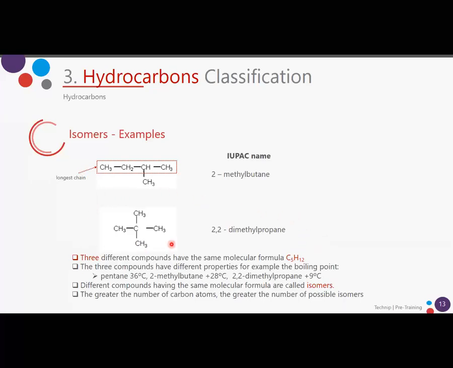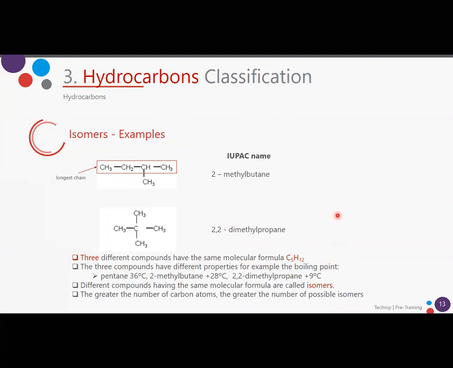So as you can see, this pentane, the 2-methylbutane, and the 2,2-dimethylpropane are all C5H12. So 3 different compounds have the same molecular formula.